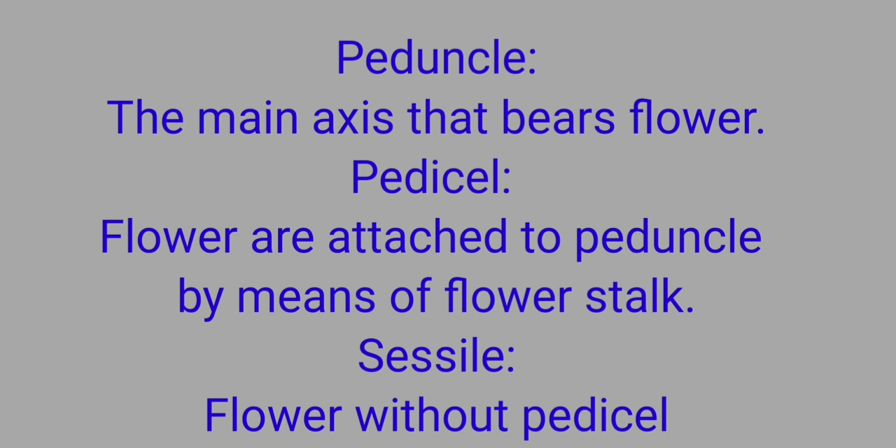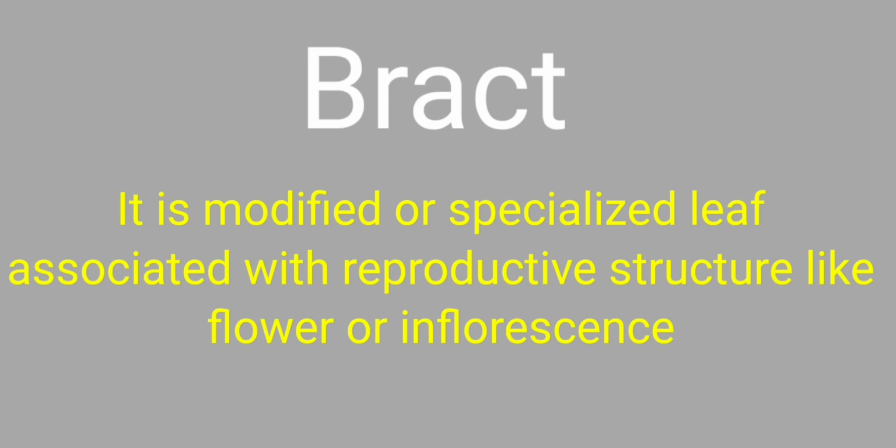Sessile: the flower that is without the pedicel. Bract: it is a modified or specialized leaf found with a reproductive structure, that is a flower or inflorescence.